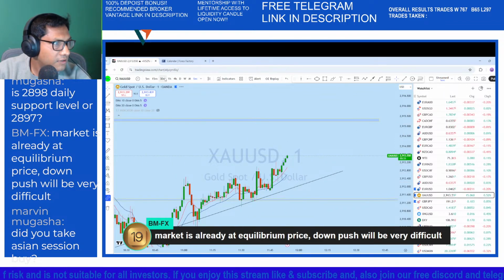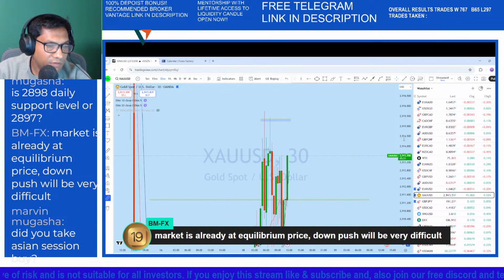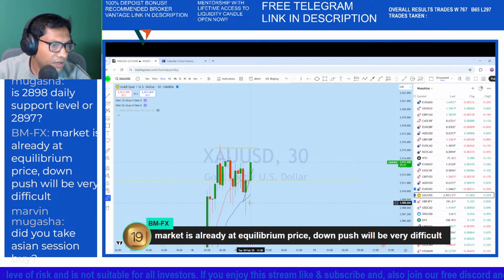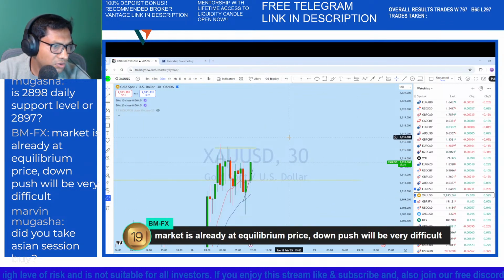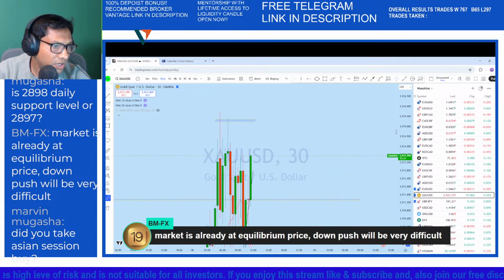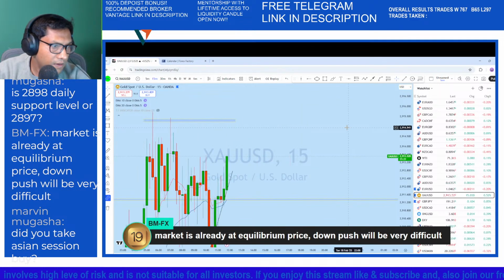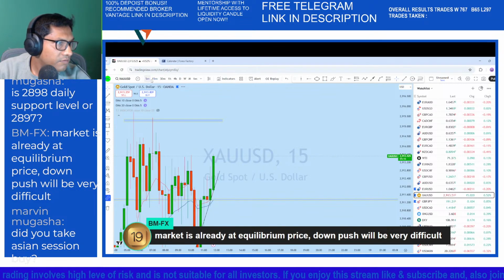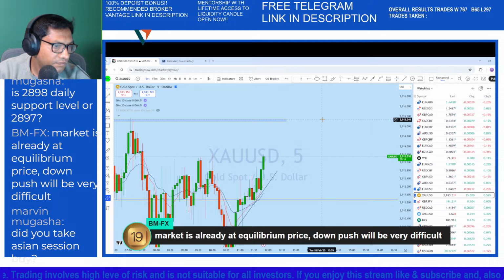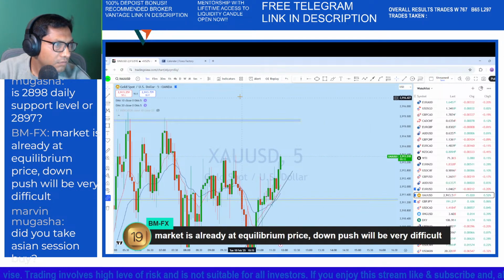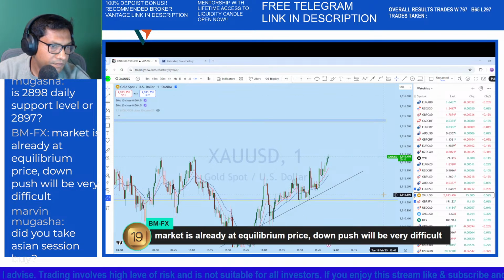For me to enter, let's see the multi-time frame, 30 minutes. It's forming, yeah, 30 minutes also trying to form a bullish structure. 15 minutes kind of closing nearly. 5 minutes. The 1 minute chart.